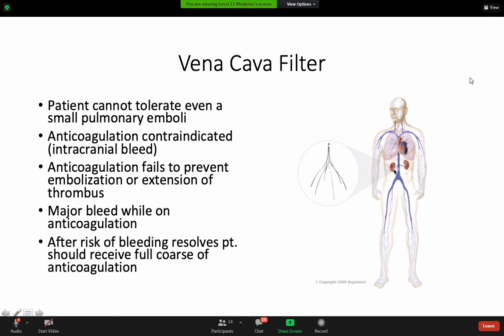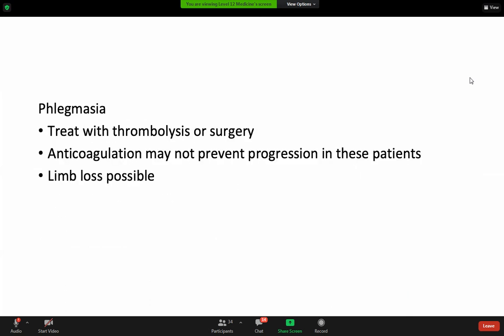Is that clear? So the inferior vena cava filter is usually used as a prophylactic method to prevent PE if the patient has another DVT while on anticoagulation, or complication of anticoagulation, or cannot use anticoagulation for some reason. You put an IVC filter.